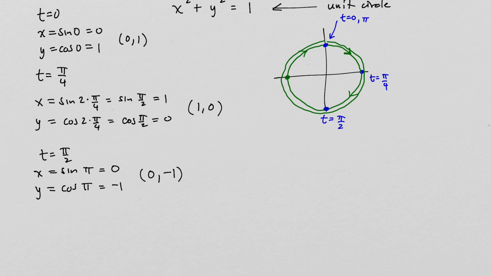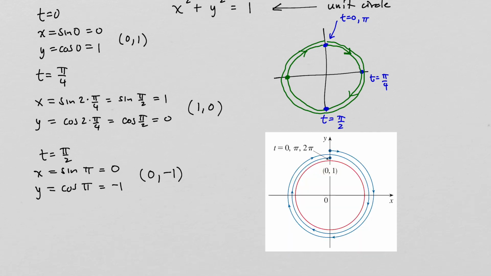Or there's actually a better illustration of this that I can bring in here. And so this shows that we are tracing out the unit circle here. So the red curve here is the unit circle. And then this tells us that when we start here at t equals 0, we are going to trace around this curve from 0 to pi. It takes us to here. And then from pi to 2 pi is going to take us around one more time.